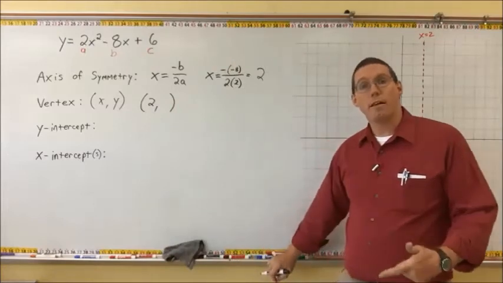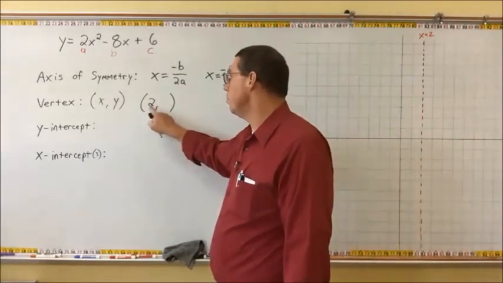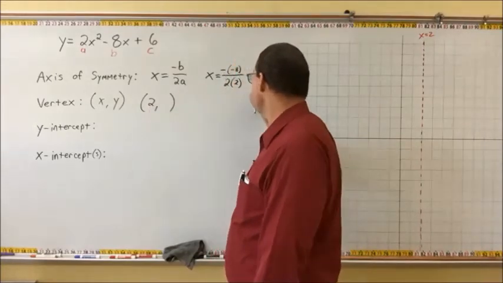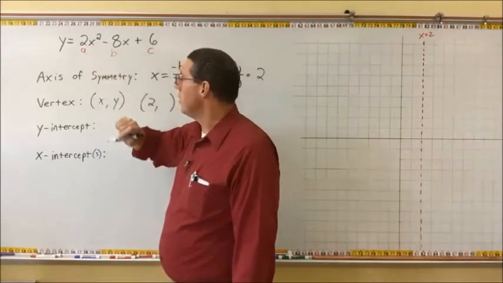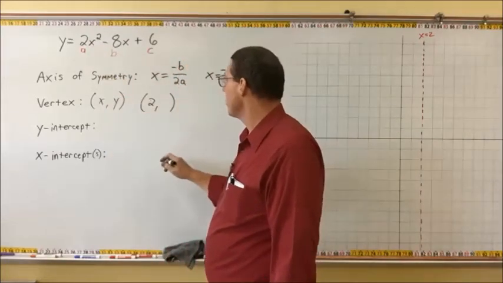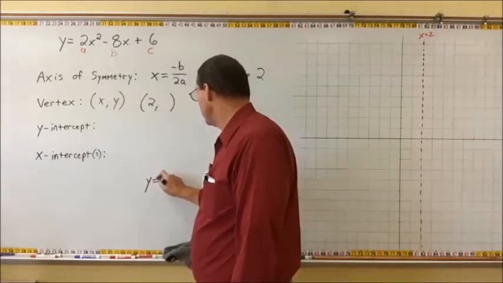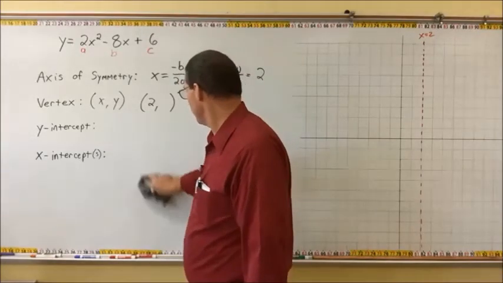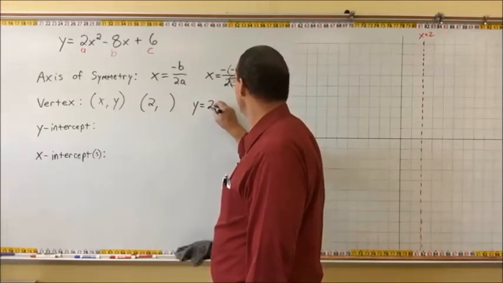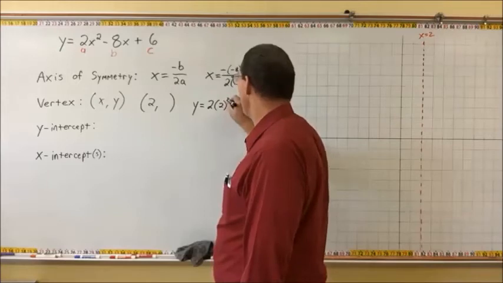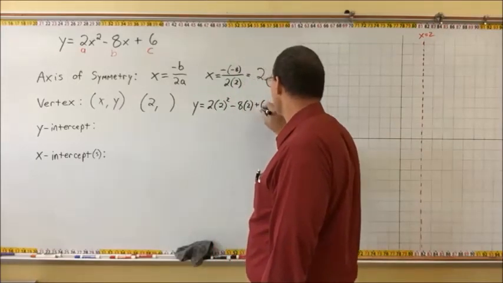We don't know what the other value is. So the way that you find the other value is you plug that axis of symmetry number into the x in the function. So y is going to be equal to 2 times 2 squared minus 8 times 2 plus 6.